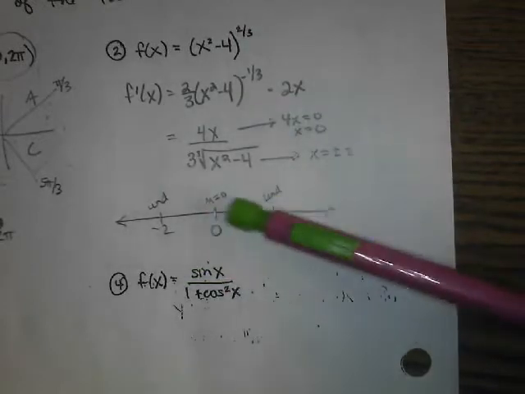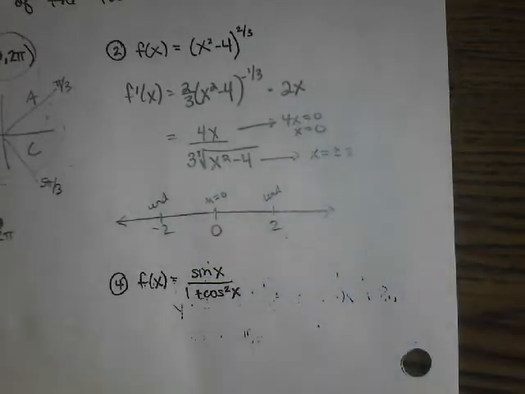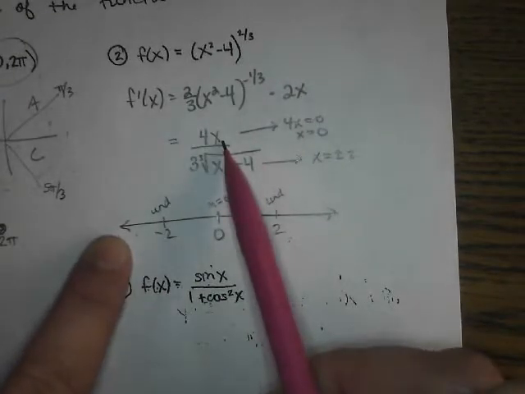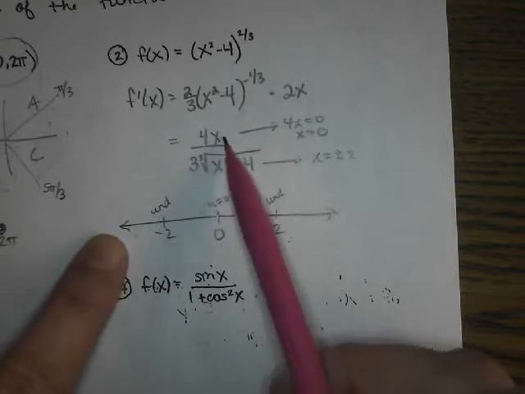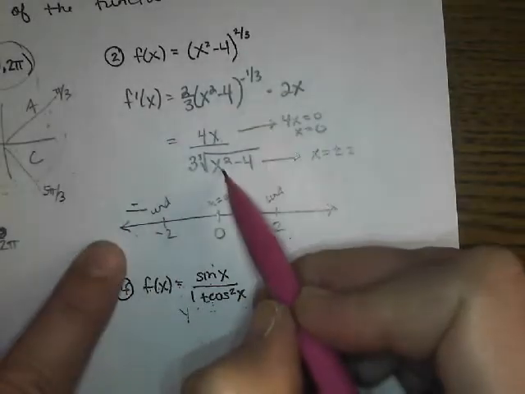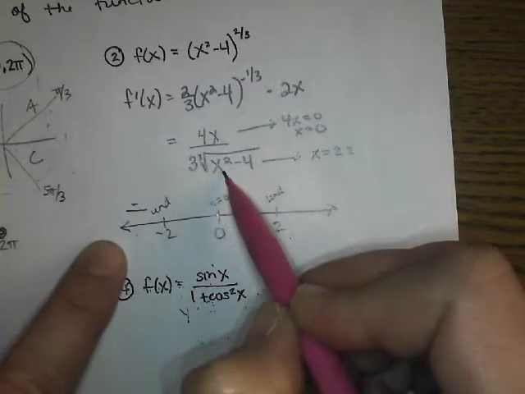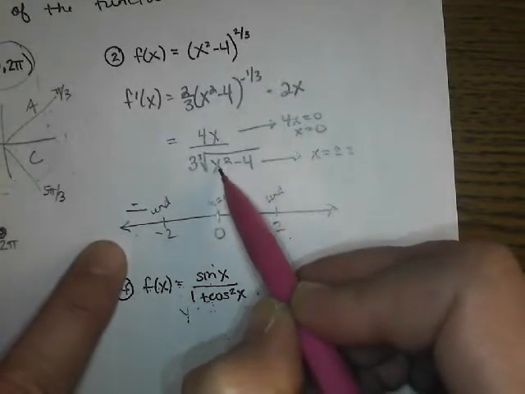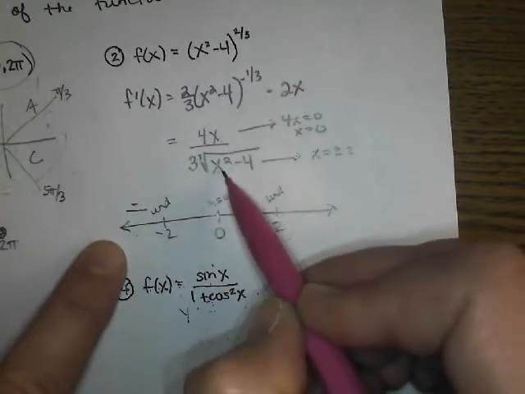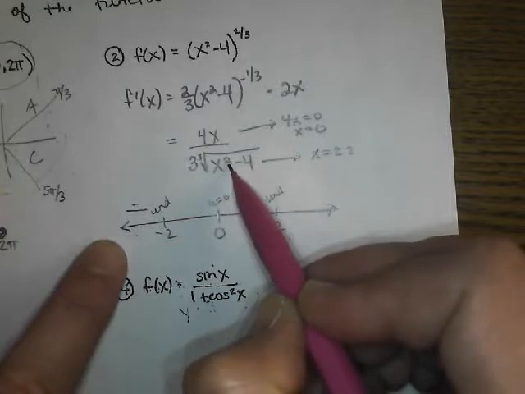If I plug in -3 into this derivative, my numerator is negative, divided by my denominator is what? -3 squared is? 9 minus 4 is? Cubed root of a positive is a? Positive times a 3 is a?